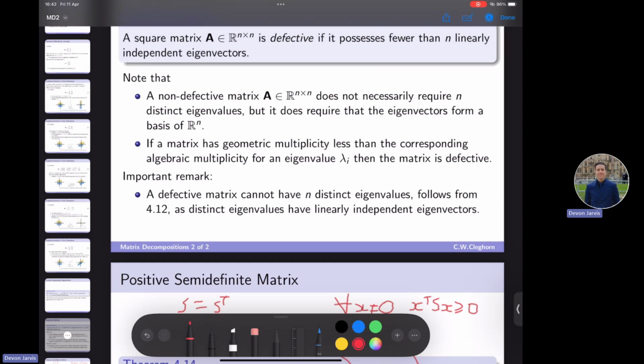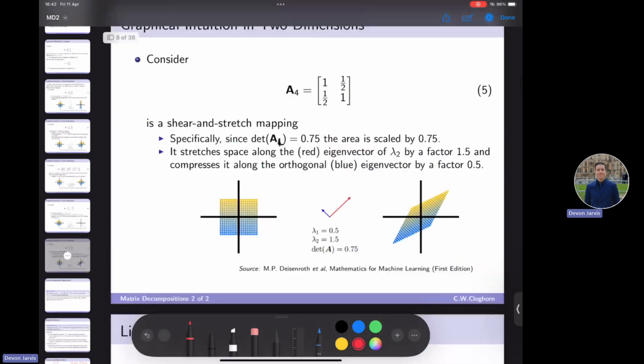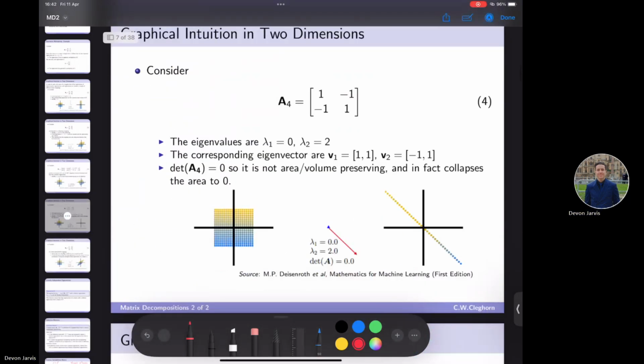All right, this follows from 4.12, but it also follows more from this example. Right? We got a 0 there, and so it was defective. There was a dimension that was lost, mapped to 0 by my matrix A. And so that's a defective matrix. Why is it defective?